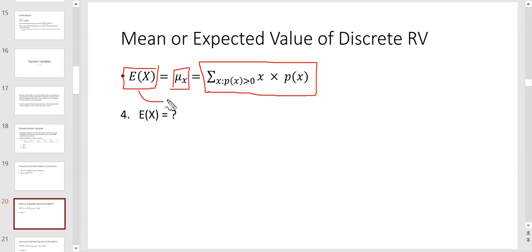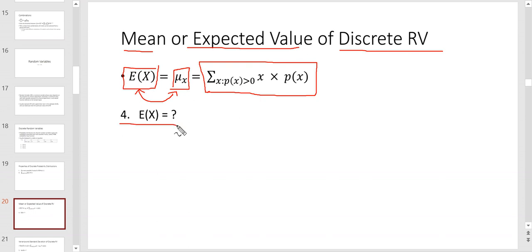This is alternative notation for the mean or expected value, synonymous in this case, of a discrete random variable. The definition is, if you take each possible value and multiply it by its probability, you will get the mean or expected value.